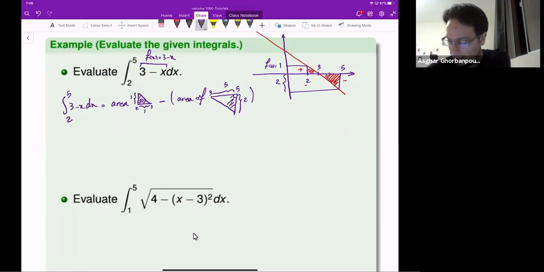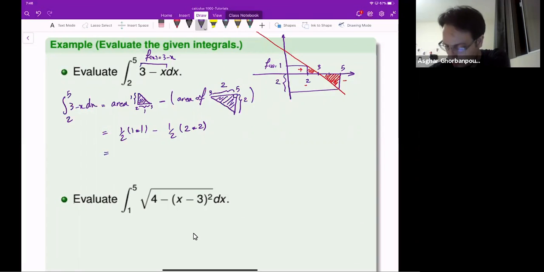So I have to find area of that and subtract that from the area of the small triangle. Here, this is half of base times height minus half of, oh, who did write that? 5 there. It's 2. So 2 times the base.